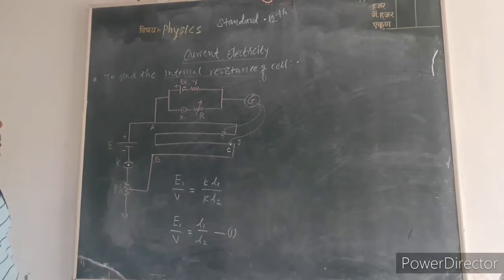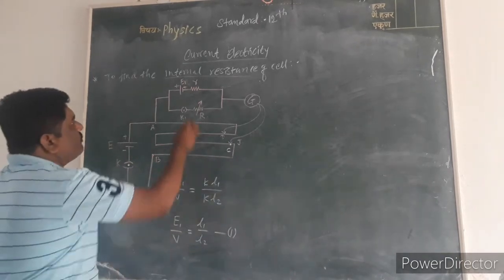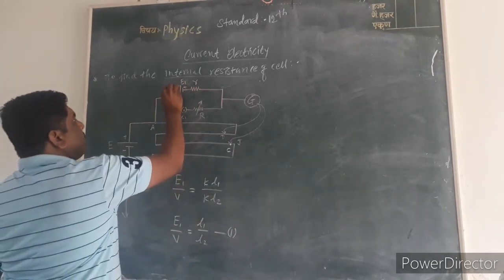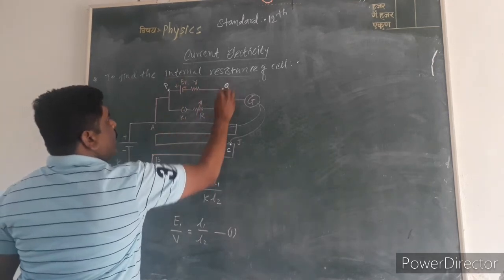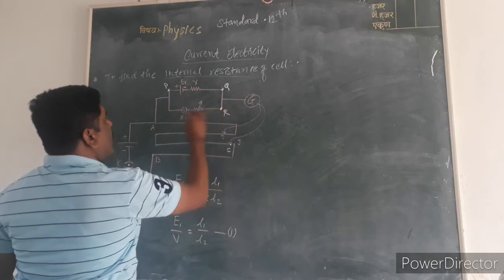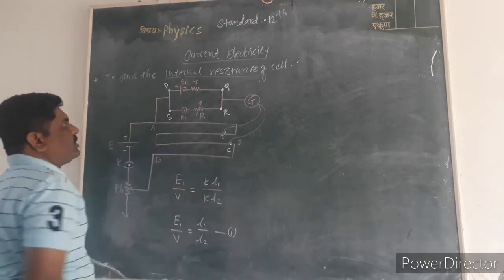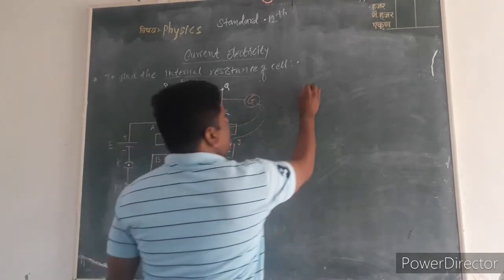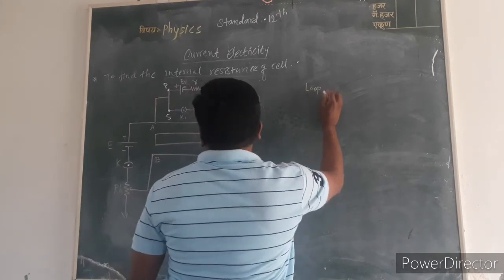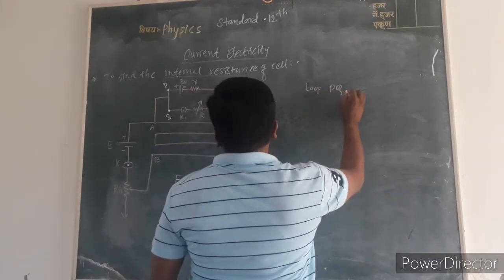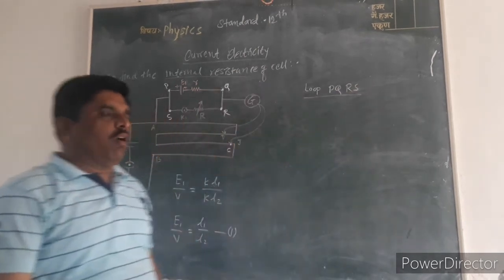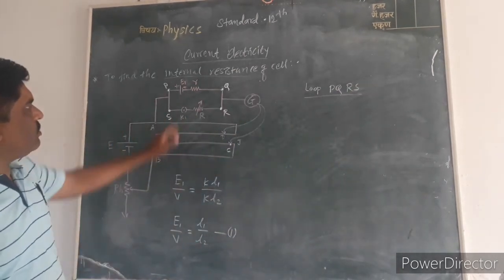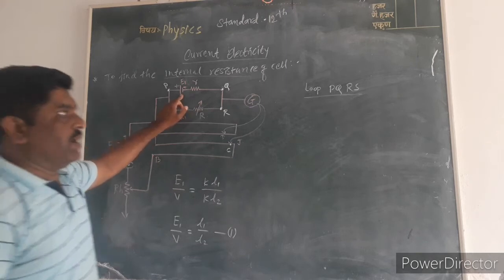Now we apply Kirchhoff's law of this circuit. Suppose P, Q, R, S. This is loop, loop P, Q, R, S. We used Kirchhoff's law and find out EMF E1.